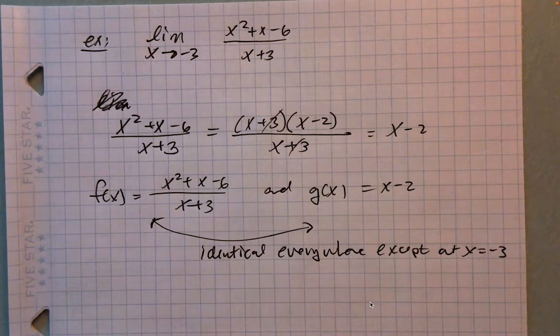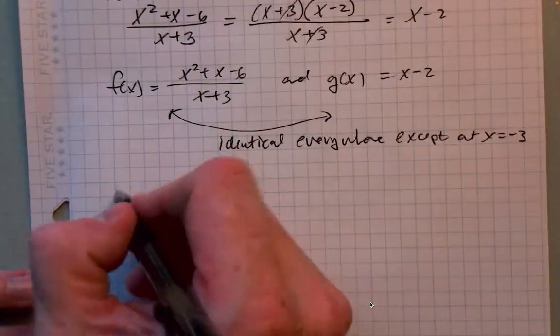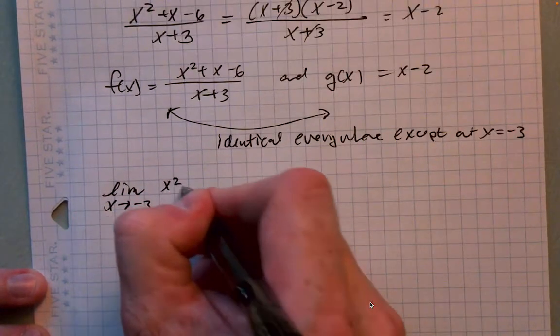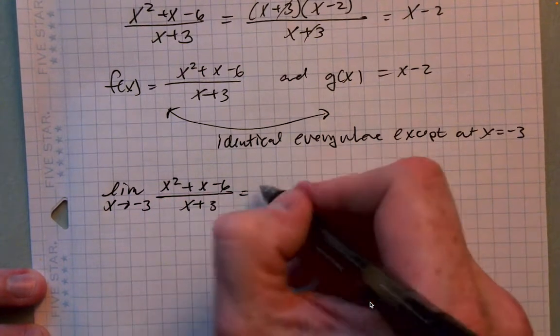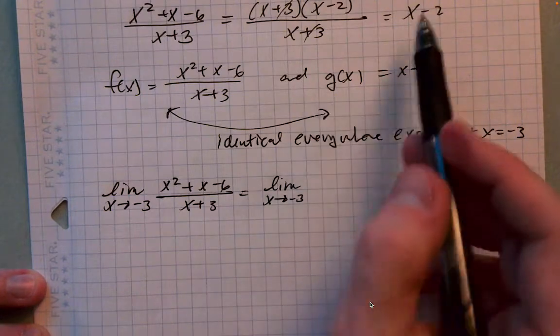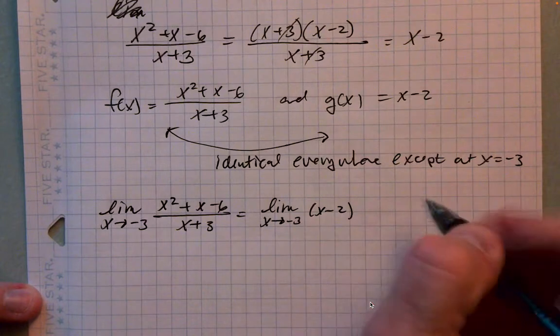Right, and so we can apply the theorem that we previously devised. We can say that the limit as x approaches -3 of (x squared plus x minus 6) over (x plus 3) is going to be the same as the limit as x approaches -3 of this g function that we identified, x minus 2.